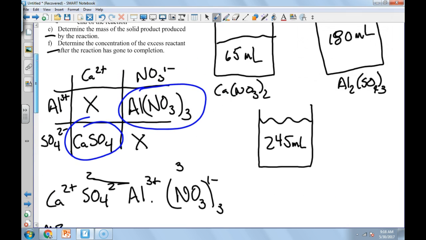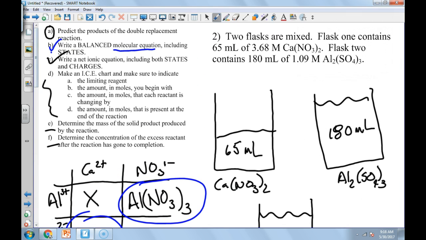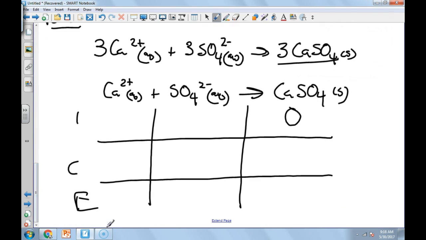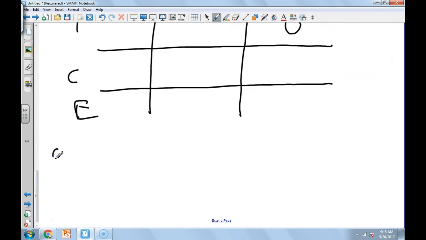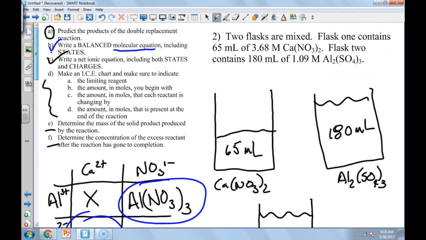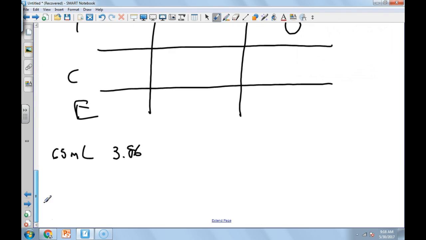But we need to scroll back up here, and we need to see how much of everything we have. So we have 65 milliliters of 3.68 calcium nitrate. So I'm going to come down below here, and I'm going to go 65 milliliters of 3.86? I'm sure you're screaming while you're watching this if I'm not right. Nope, 6.8. Okay, you can stop screaming now.